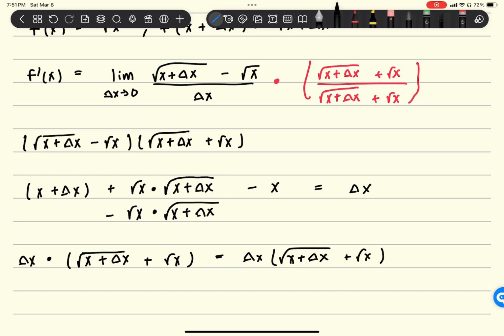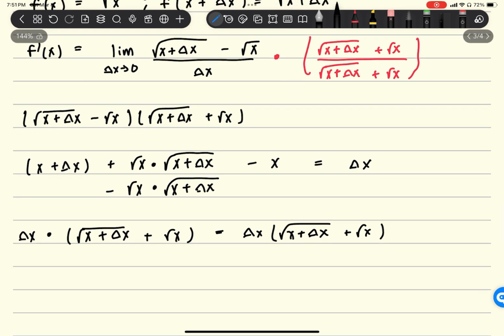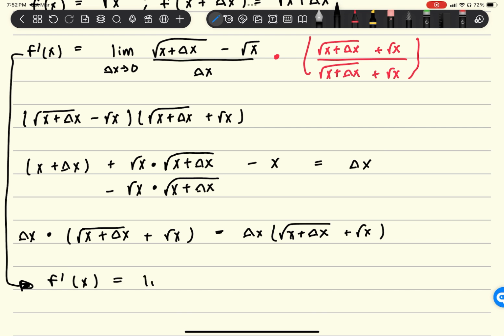All right, so now that we've multiplied the numerator and the denominators, let's go ahead and plug these expressions back into the definition of a derivative. Right, so all we're doing is we're going to go ahead and bring this expression down right here. All right, so we're going to have the derivative of f of x is equal to the limit.